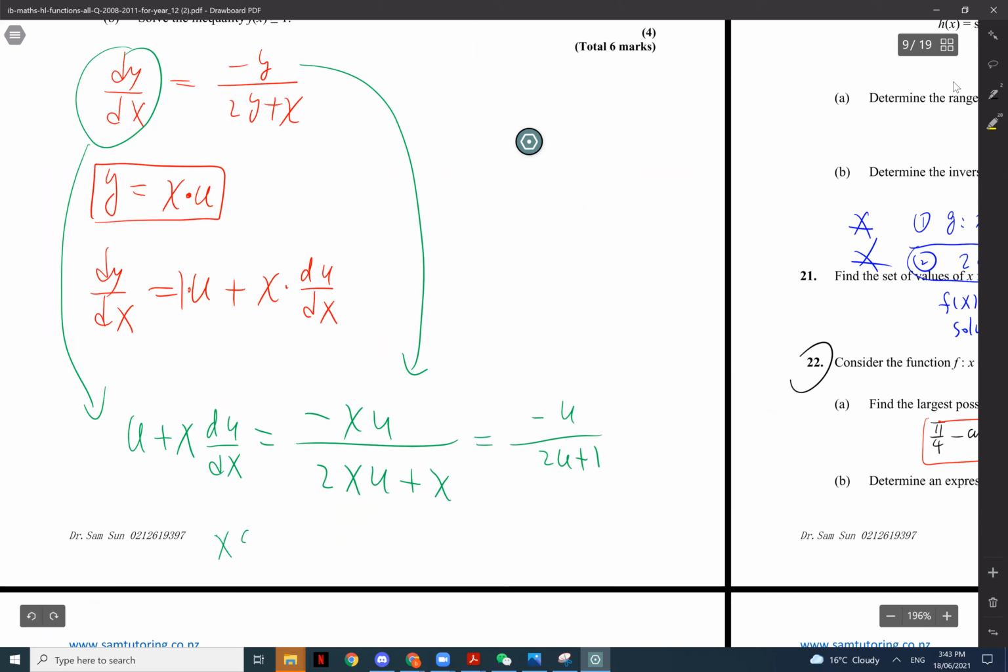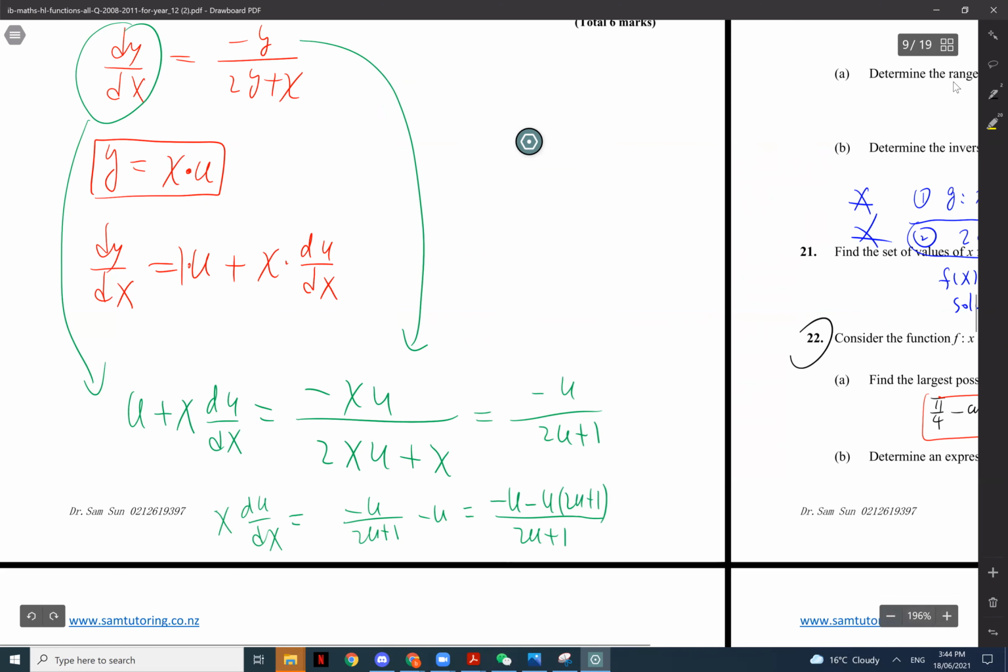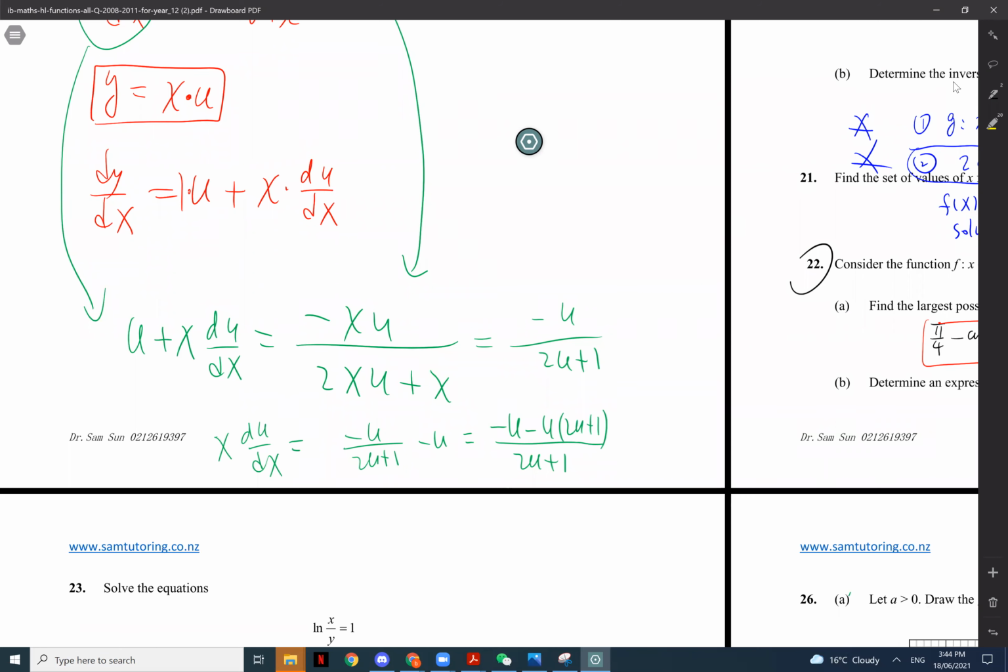And you got x du dx equals negative u, 2u plus 1, minus u, 2u plus 1, minus u times 2u plus 1. This working is also valid. You can separate variables. x du dx equals negative 2u squared minus 2u plus 1.